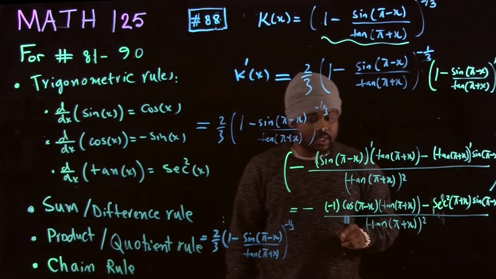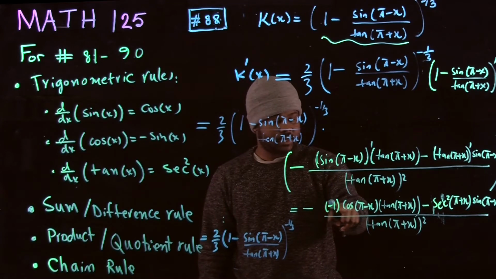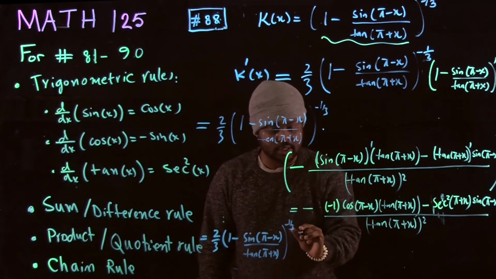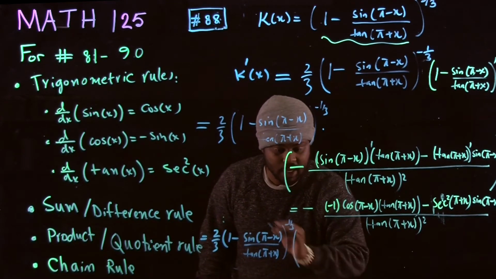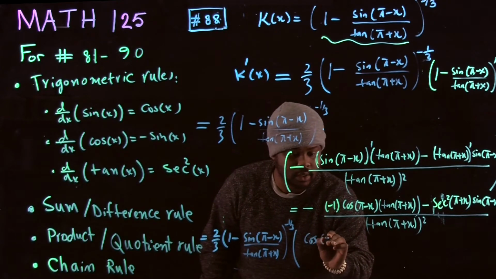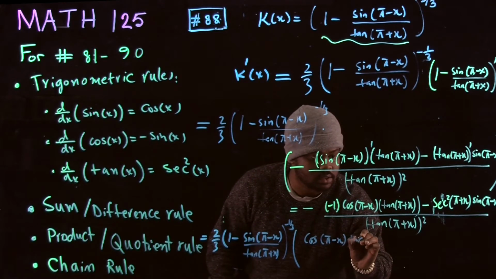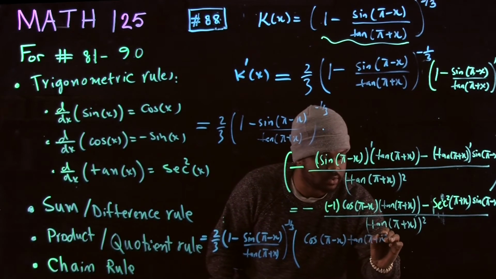Now let's evaluate this negative sign. When I multiply this by a negative sign, this negative becomes positive. So I have, but still I have it in parentheses. I have cosine pi minus x tangent pi plus x.